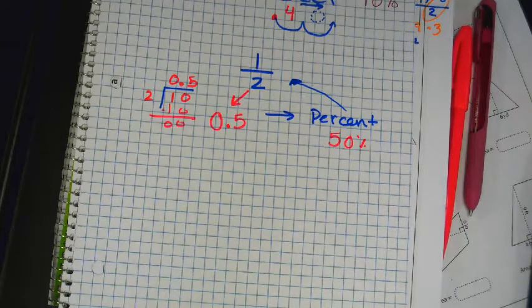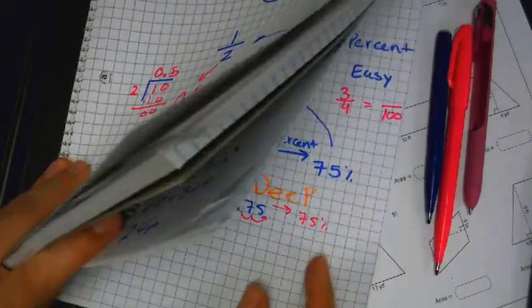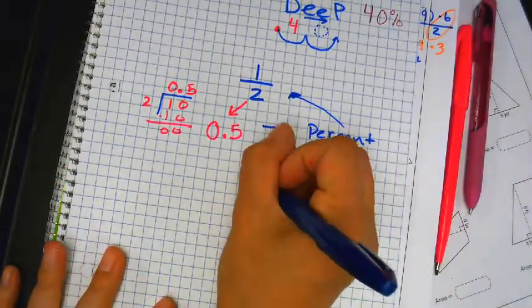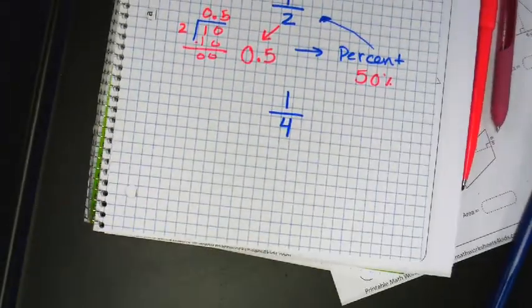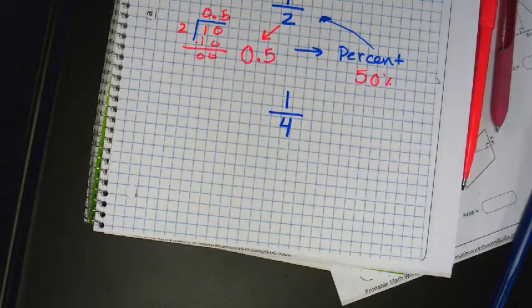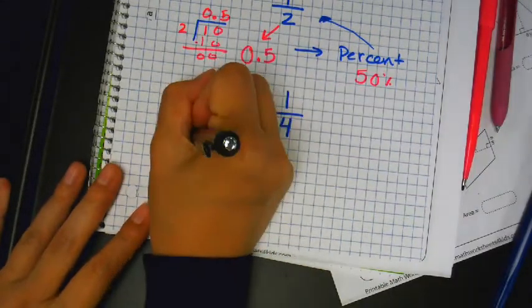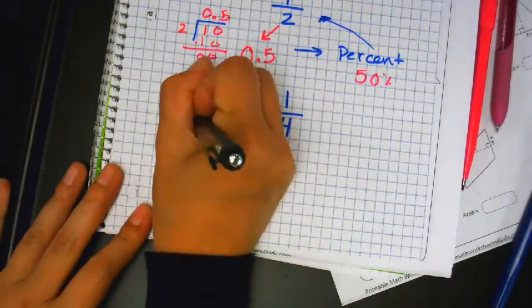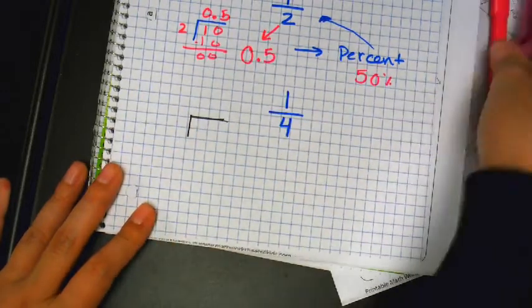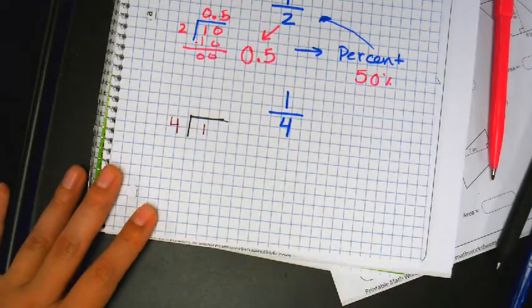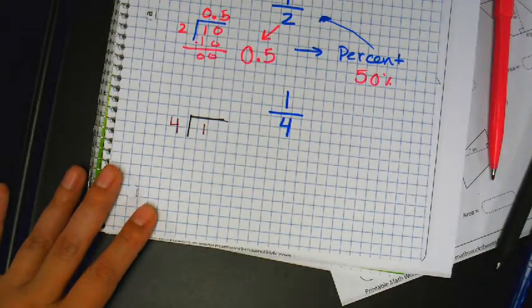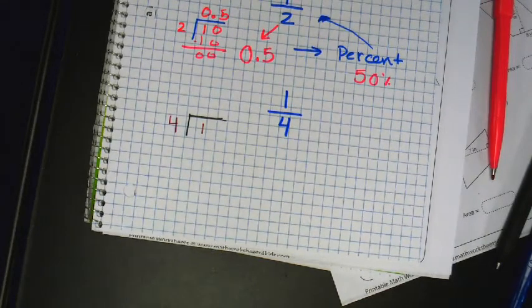All right, let's do 1/4. Another fairly easy one. If it's 1/4, what number goes inside the division box? 1. Here's my division box. 1 goes inside, 4 goes outside. Long division doesn't become easier until you just keep doing them. Practice does make perfect on long division.